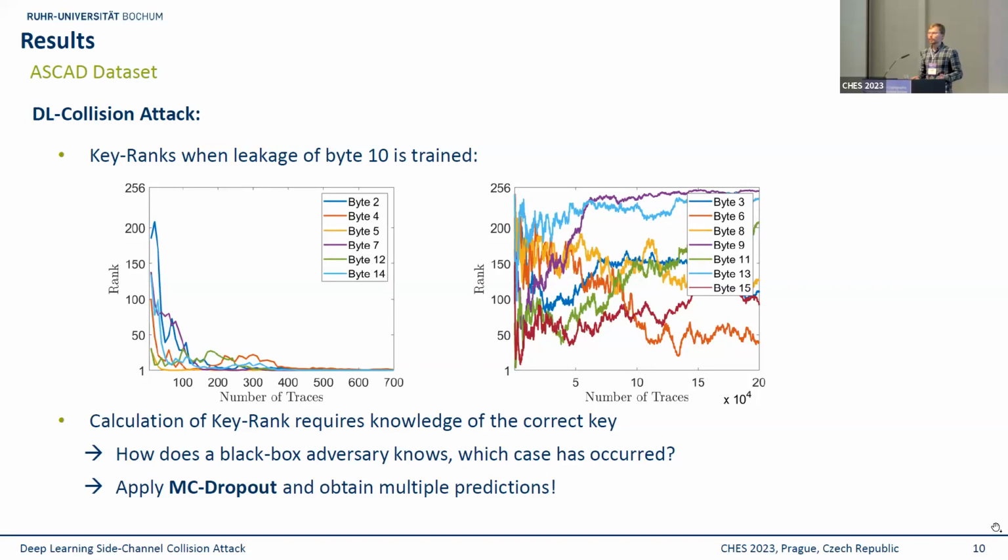Unfortunately, the key rank requires the knowledge of the correct key, such that an attacker cannot obtain those figures. So this leads to the question of how an attacker knows whether the predicted key difference is correct or not. Our solution to this was the application of MC dropout, by which some of the connections within the neural network are randomly dropped, and then the prediction is repeated several times.